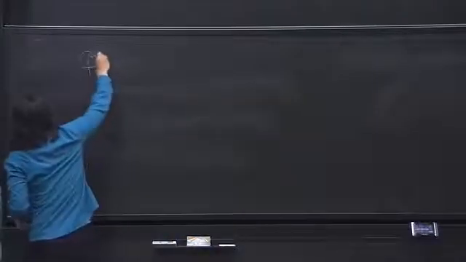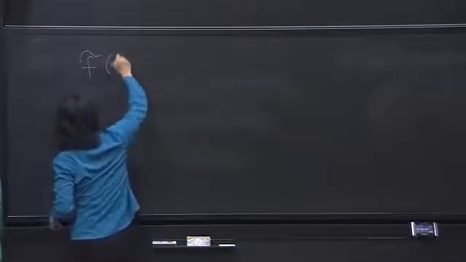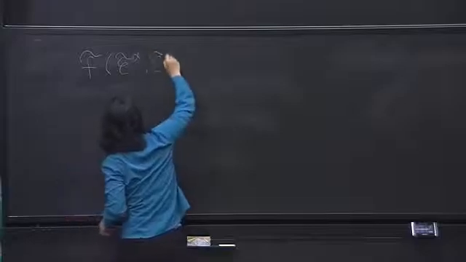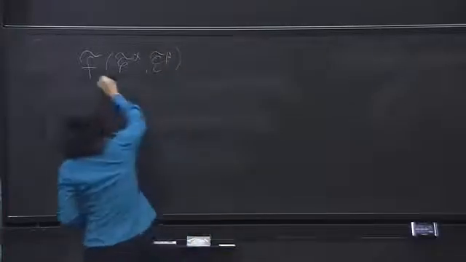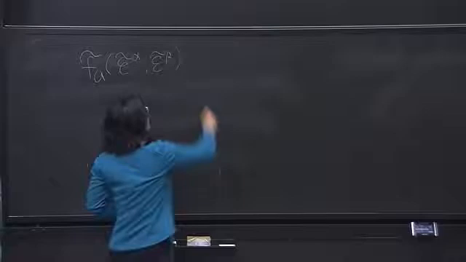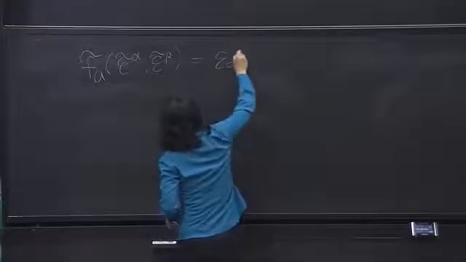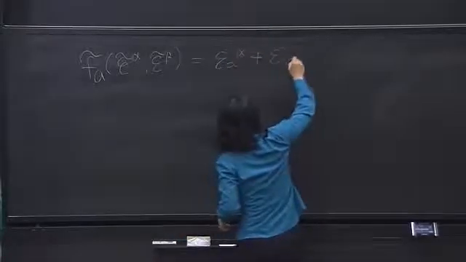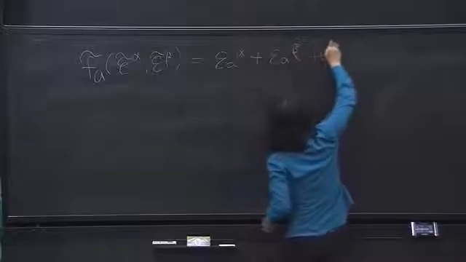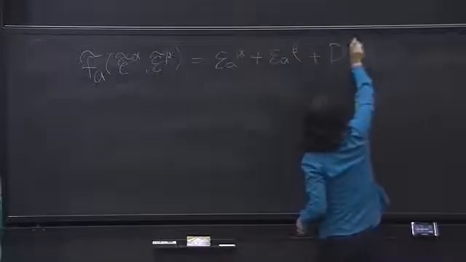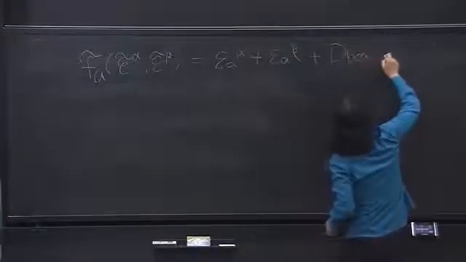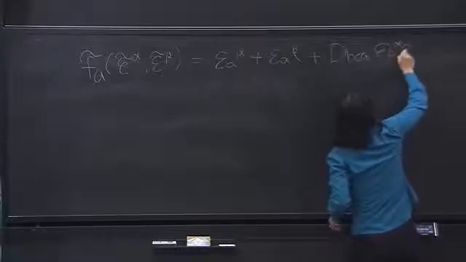Otherwise, the form is determined, the linear part is determined. So what we learned so far is F tilde as a function of e to the alpha, e to the beta, at the A-th component, is really the A-th component of alpha plus the A-th component of beta, plus this D_BCA term that we haven't earned any information on.